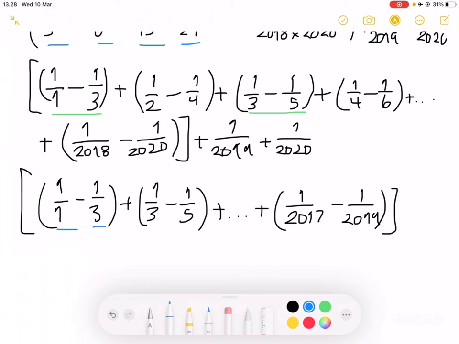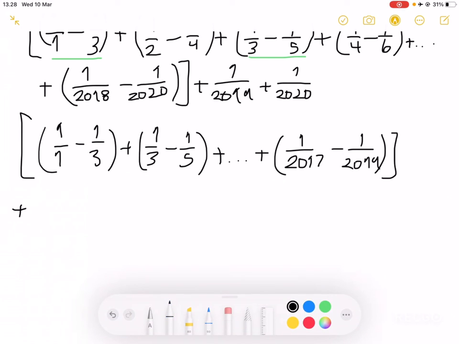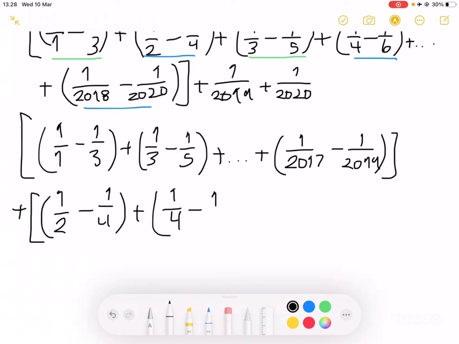As you can see, all of these numbers are odd, and you'll see why later. And don't forget, we can also group the other terms, which are the even denominators, as such. So we have 1 over 2 minus 1 over 4 plus 1 over 4 minus 1 over 6 plus so on, and we'll stop at 1 over 2018 minus 1 over 2020.